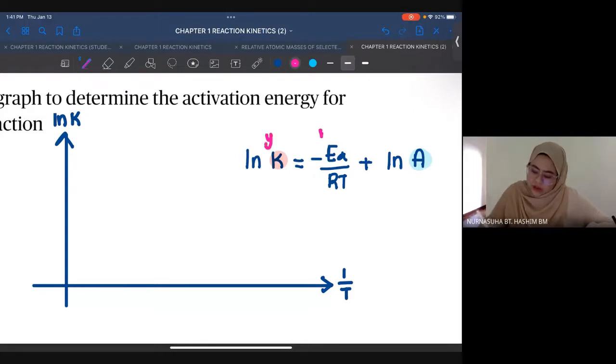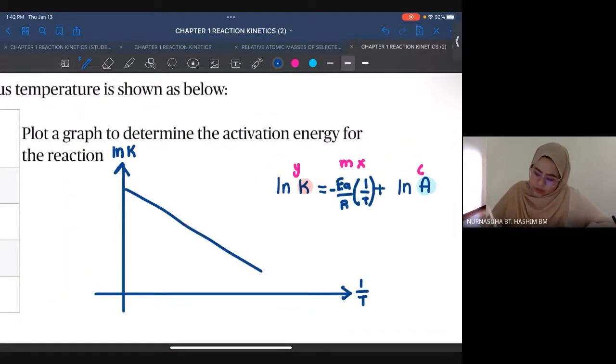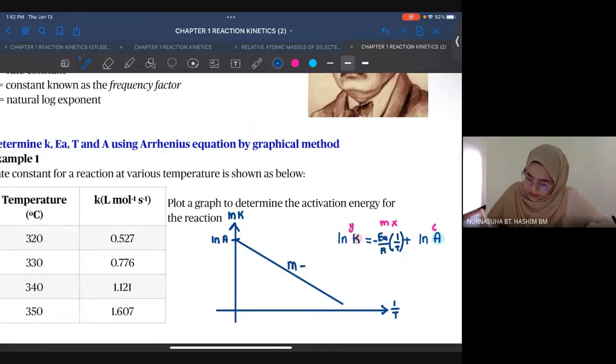Y equals mx plus c. So your gradient later is negative EA over R. So plot the graph. So this is your ln A.